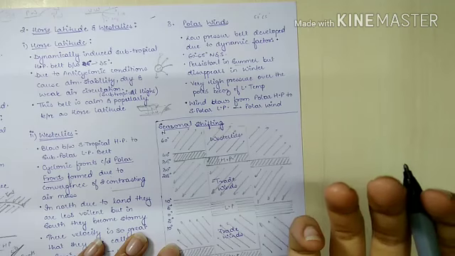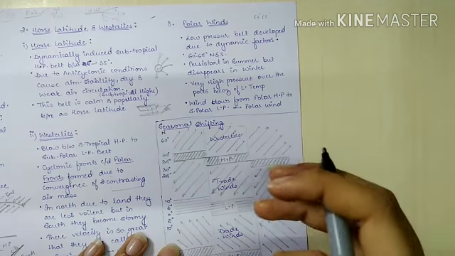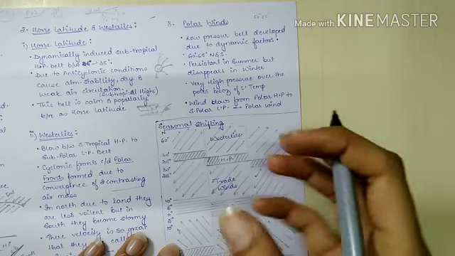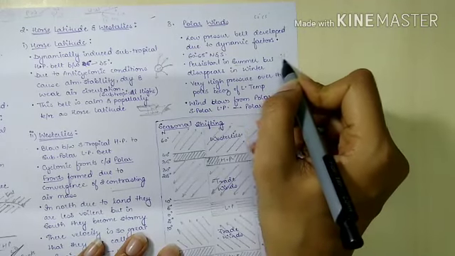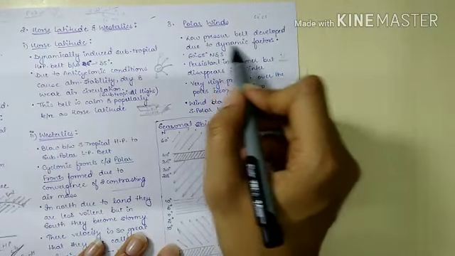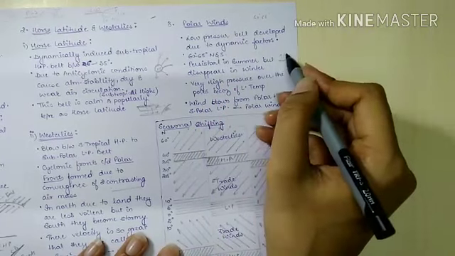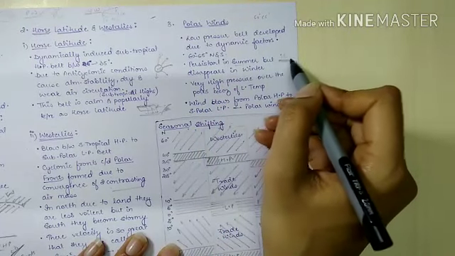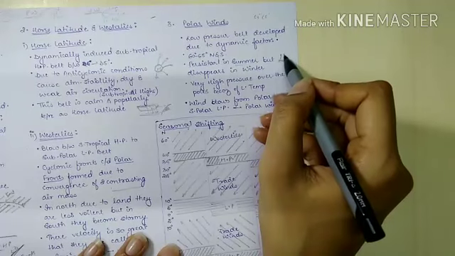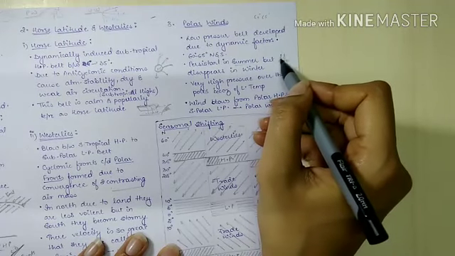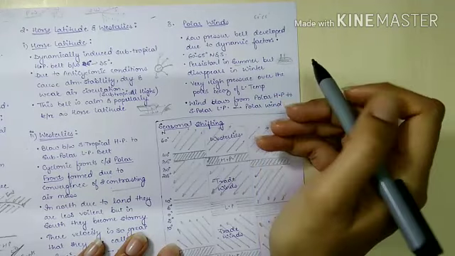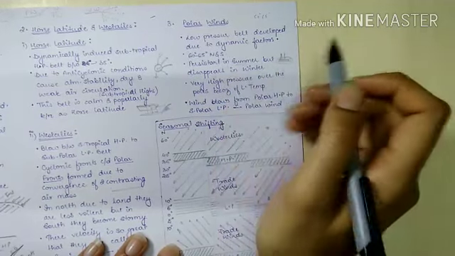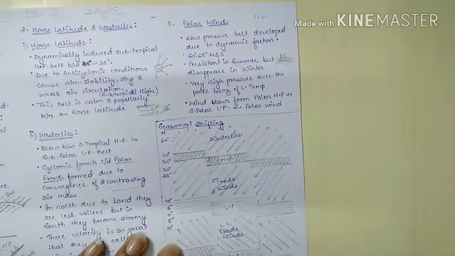Why does it disappear? Because in summer we have heated up land, so the air will rise up, and because air rises, there will be low pressure in this area. But in winter the conditions become very cold, so the atmospheric air settles down, and because it settles down, this area becomes a high pressure area, and the low pressure belt disappears.